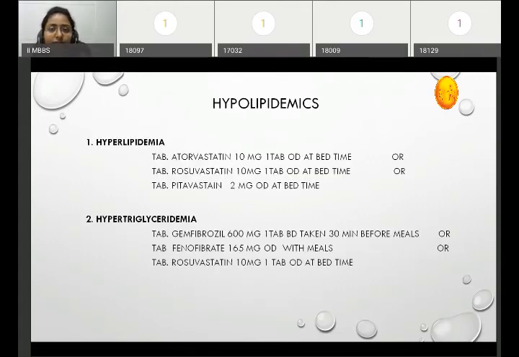Then coming to the next system, that is lipids. Hypolipidemic drugs are used in the condition of hyperlipidemia. That means more lipids and lipoproteins are released in the blood because of increased cholesterol synthesis or any other pathology. So in these conditions, hyperlipidemia occurs. That can be primary or secondary hyperlipidemia. Then which are the lipoproteins that you know?